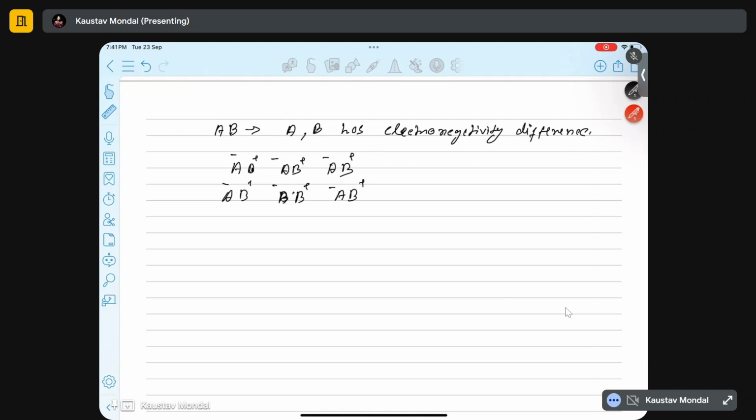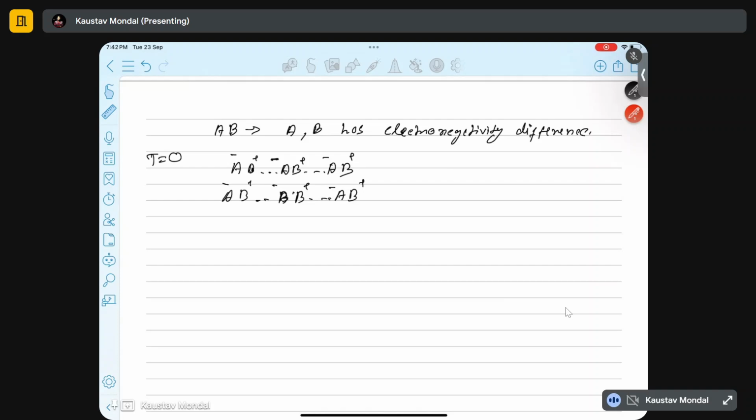Otherwise, if you make B this side and A this side, this will give you a significant energy cost, right? So this would be the minimum energy configuration at temperature equal to 0, right? Because making any configurational disorder here introduces a significant energy cost. So the system will basically not show those kinds of configurational errors.